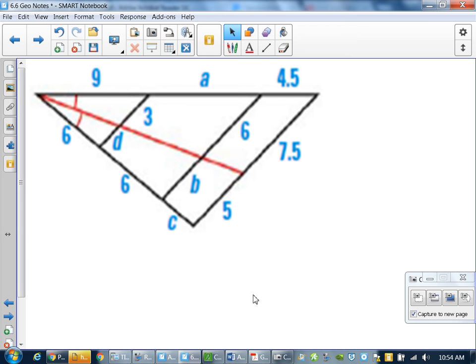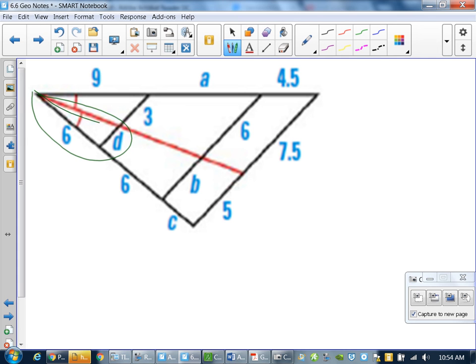Now, we have what? 4 variables to solve for. We have to solve for A, B, C, and D. What you want to start to think about is which one's the quickest one to get and how do you continually move on from there. Now, we know that you've got an angle bisector, which means you can loop the problem out and around, out and around.